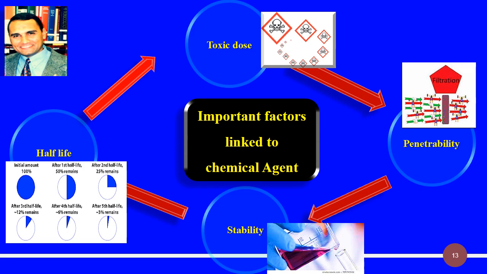Penetratability means the susceptibility of being penetrated or passed through a partition, and this is used for chemical materials. Stability means that a chemical substance can be in a dynamic equilibrium with its environment to produce its effect. Half-life: the time required for a chemical quantity to reduce to half of its virulence.